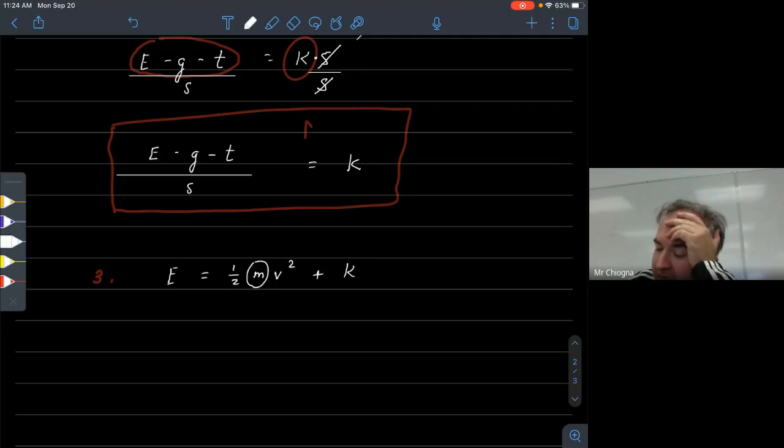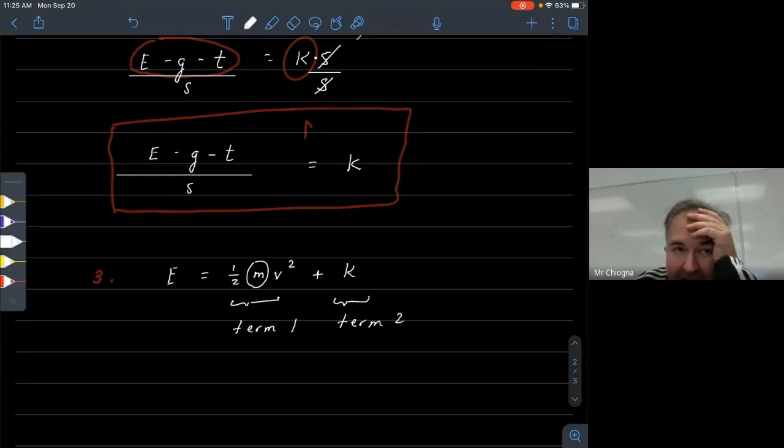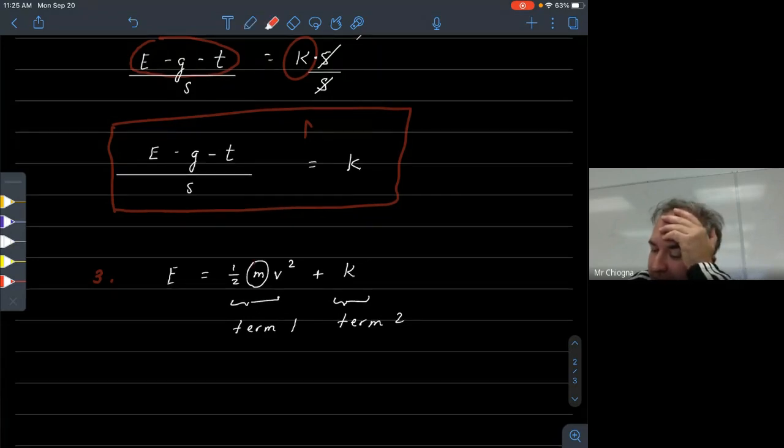This is the first term. This is term 2. If there's a term like k here that's added to the first term, remove that first. We're solving again for the m, so remove the k.